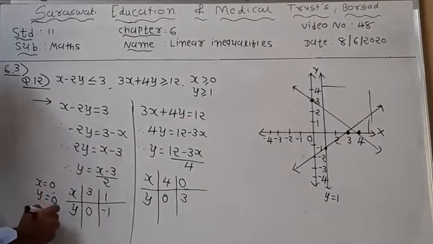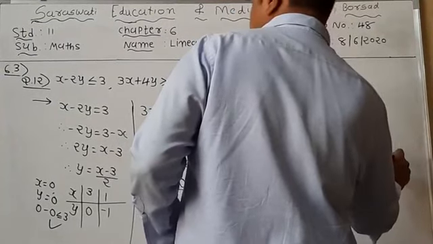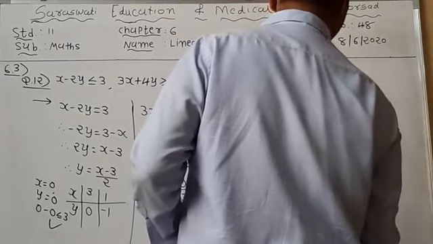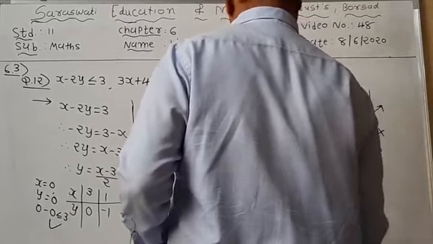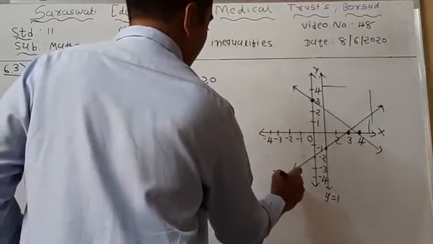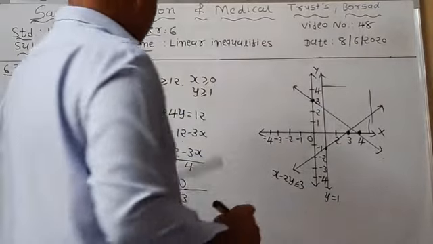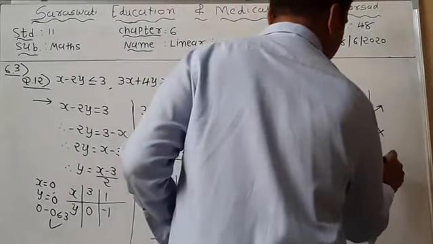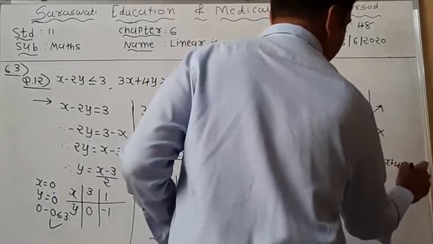So this line is present here: x minus 2y less than equal to 3, and another line 3x plus 4y greater than equal to 12.